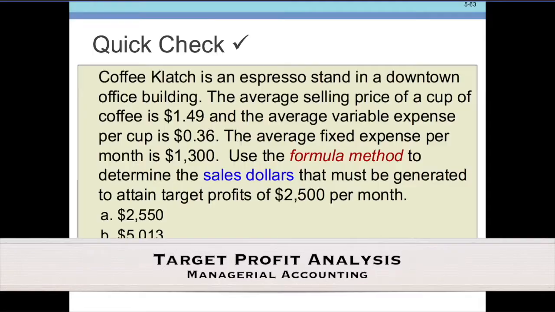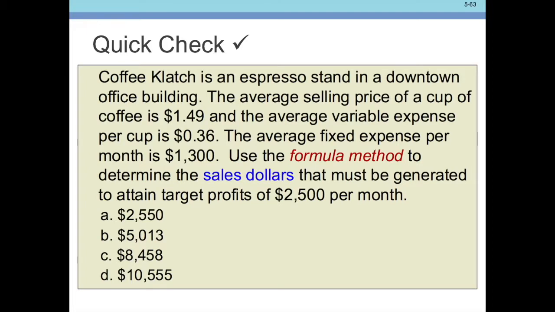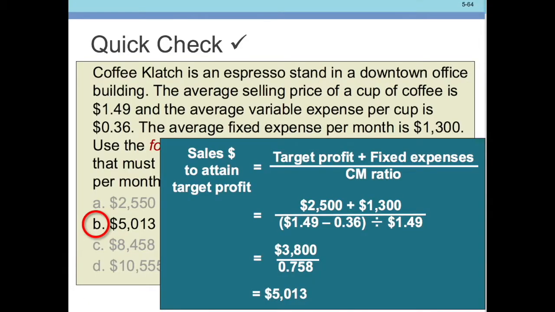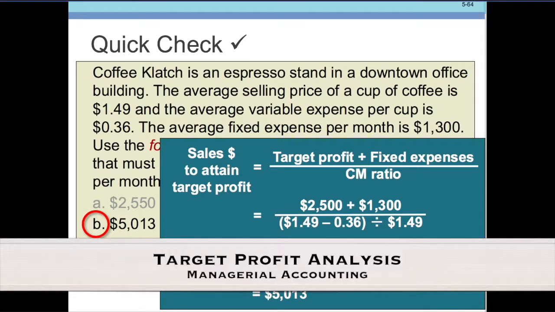Another way we could look at this is to do it in sales dollars. So in sales dollars, we find that our target profit plus fixed expenses divided by contribution margin ratio, not contribution margin per unit, but contribution margin ratio here, is $3,800 divided by 0.758. We've done that number before, right?